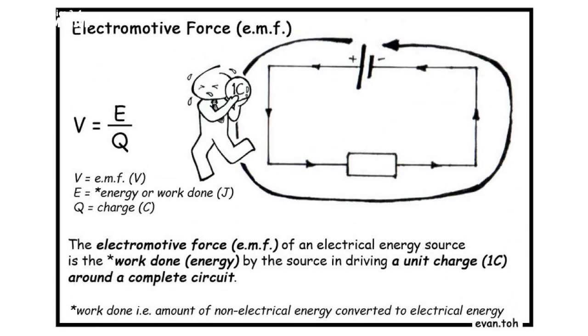Next, we see the second diagram. EMF stands for the electrical energy given to one coulomb of charge flowing through the whole circuit. So it is also moving a coulomb of charge, but now it is the whole complete circuit. That is the first difference.